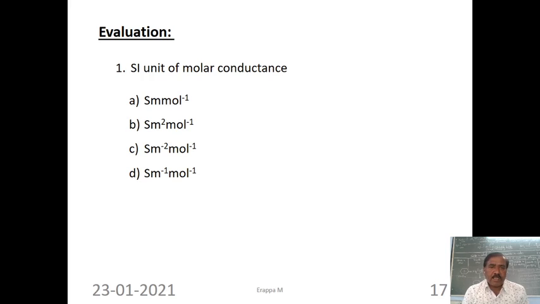A is Sm per mole minus 1, B is Siemens meter square per mole, C is Sm minus 2 per mole, D is Sm minus 1 per mole. So think it over and find out: B is the answer. The SI unit for molar conductance is Siemens meter square per mole.